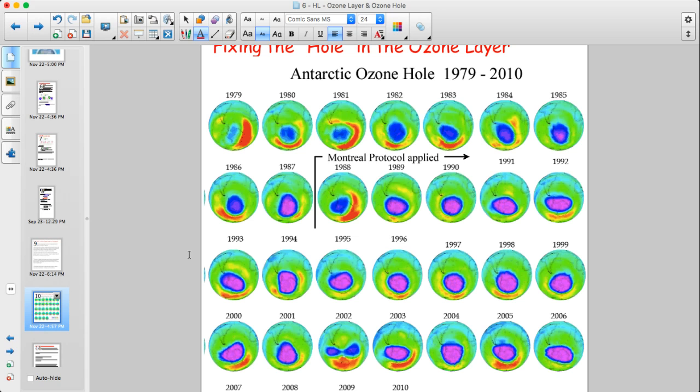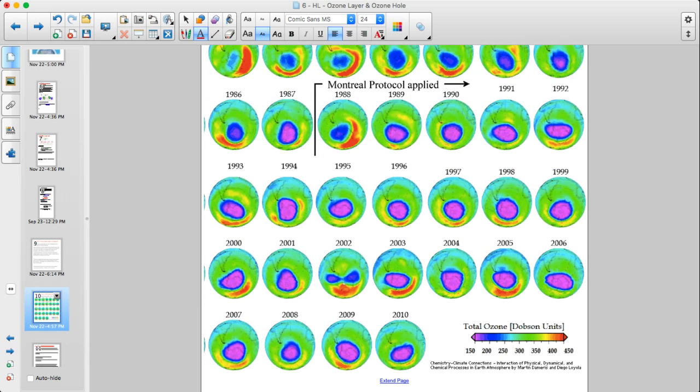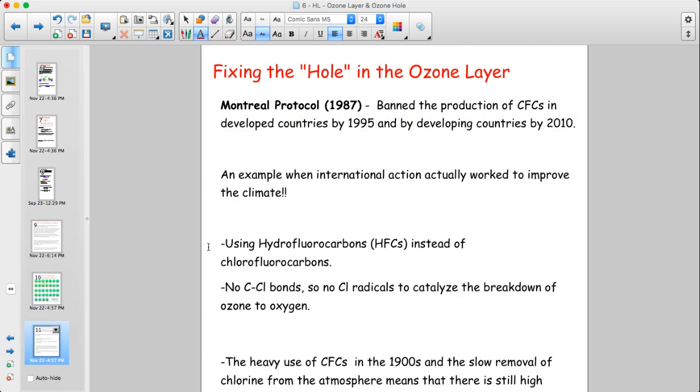While it remains a seasonal effect, how bad it is getting is not as bad as it was before, and each year it's shrinking. It's projected that eventually, and you can see it shrinking in these images, there won't be a hole in the ozone layer.